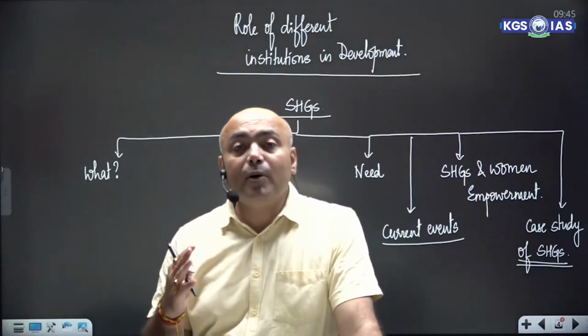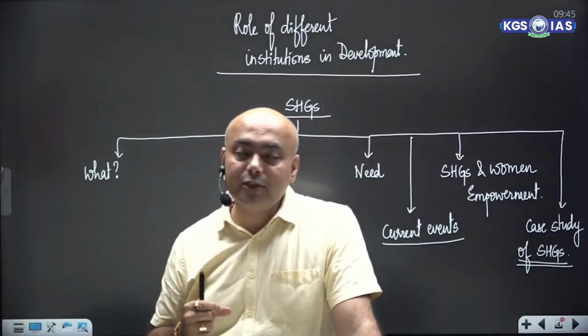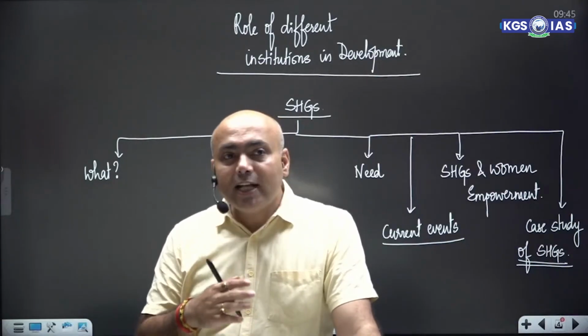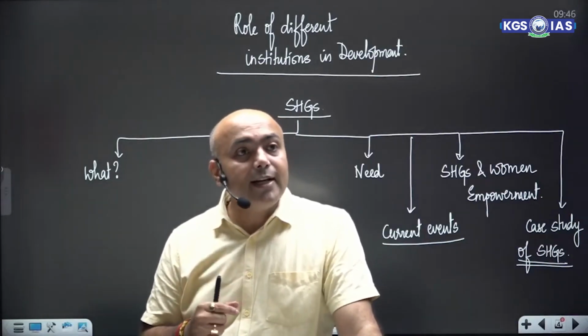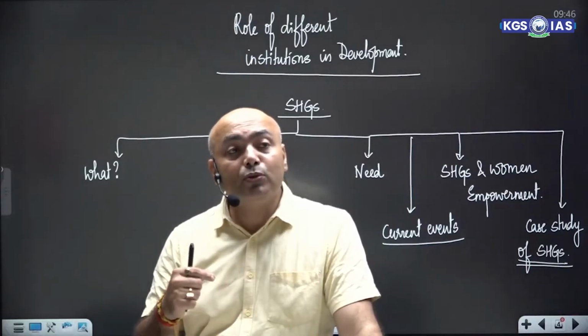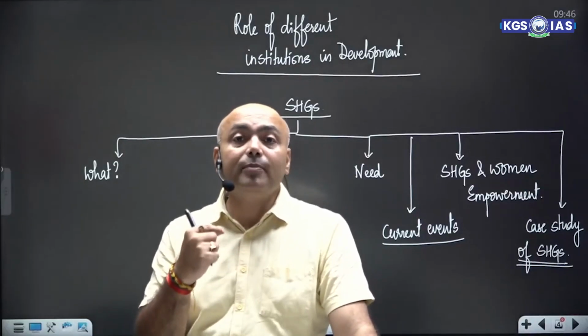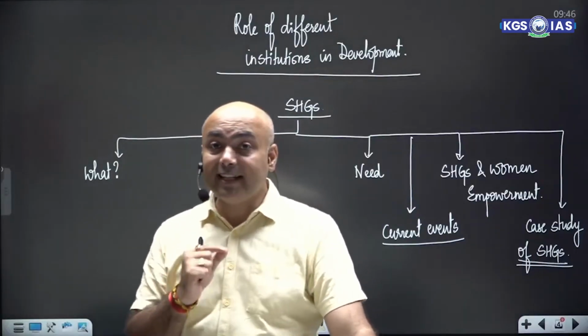You must have heard about Ladakh and a group called Loom, I think. So there are some very good best practices, and you are supposed to identify them and prepare a list of self-help groups which are doing that.